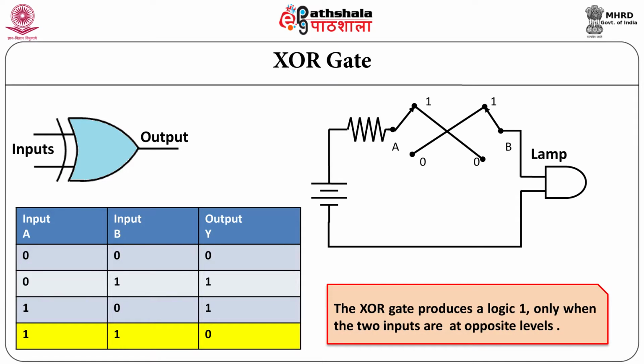The output of the XOR gate is low when both the inputs are high. The lamp is off when both the switches are closed. This in turn indicates that the XOR gate produces a logic high only when the two inputs are at opposite levels.